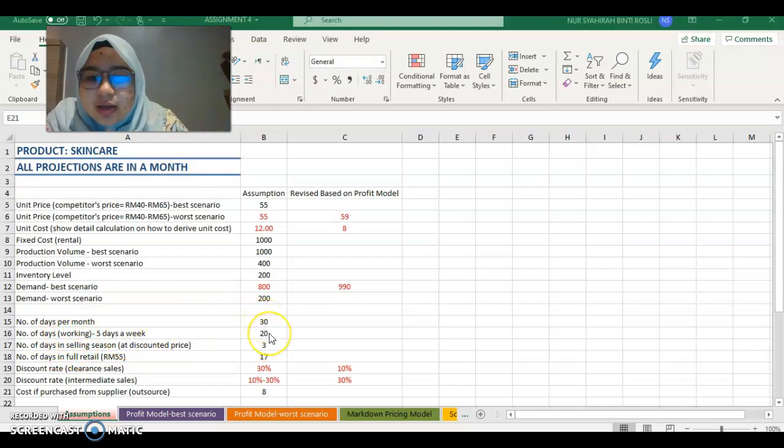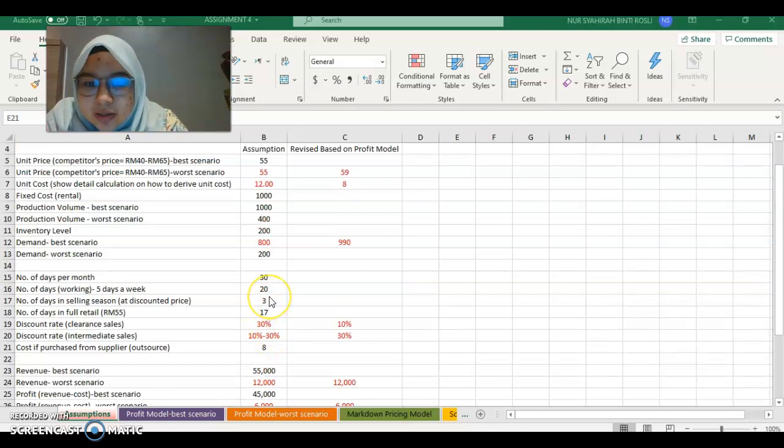Saturday and Sunday, the shop is closed, and I assume it to be 20 days. And the number of days in selling season at discounted price is 3 days. Only 3 days that my business is having a sale. And number of days in full retail at 55 ringgit, the days will be 70 days.